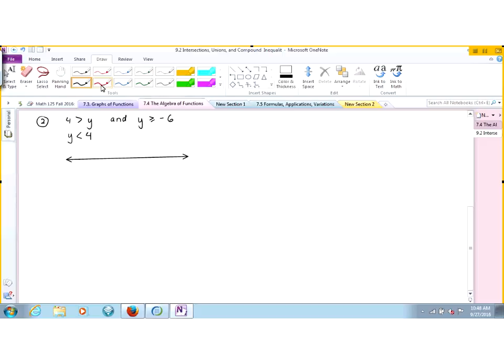Now 4, open or closed? Open, and the arrow is to the left. Now when I draw the arrow, I draw it all the way. Yes. -6, open or closed? And the arrow is to the right. Now remember, when I make my arrows, they have to be different heights.